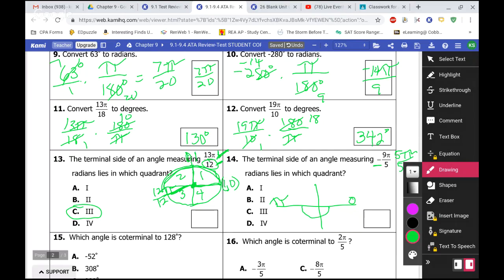Because remember, you're going clockwise now, not counterclockwise. So I'm going 4 around, so this would be 7.5, and then I would have to go a little bit more, so I'm going to be over here. If you were doing 324 in degrees, it would be a little bit more than that.